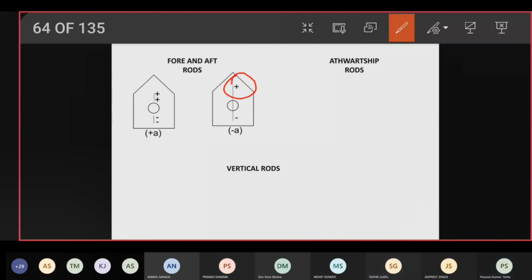Yes sir, positive. The other end is aft of the compass or not? Yes sir, aft. So of the two ends, forward is positive, the lower one is negative. So the rod becomes negative. Minus into plus is minus. Yes sir. This rod was plus, this rod was plus.